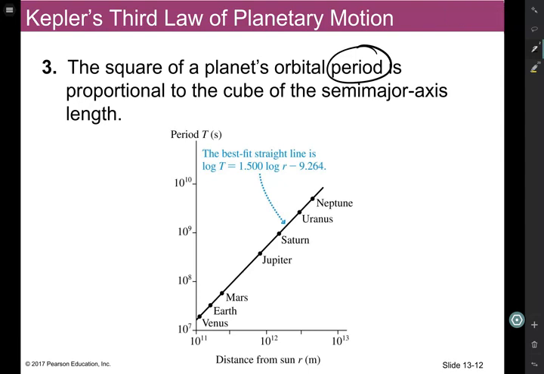Period is the time it takes to do an orbit. The square of the period is proportional to the cube of the semi-major axis length, which is basically, really, the radius of orbit.